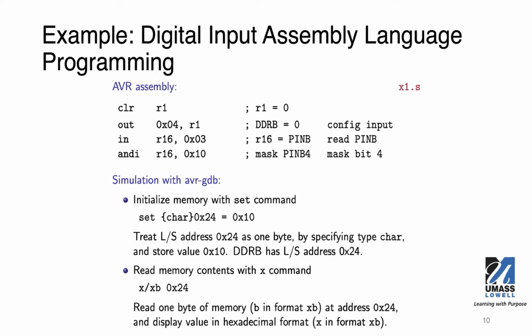The next thing you can do is to check the value. You can do it in a lot of different ways. You can shift the value to the very end, or you can just compare with a known value. But essentially, with these 4 instructions, you set the direction of the port, then read the value from the input register, and then mask out the unnecessary or unused bits to just keep the value that you are interested in.